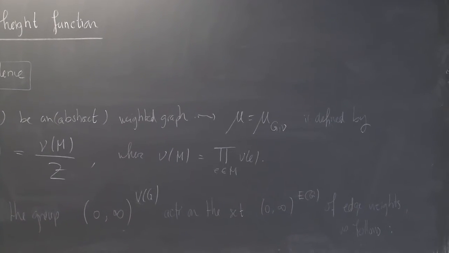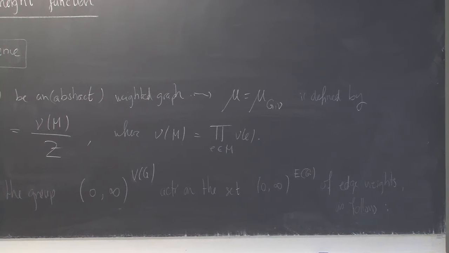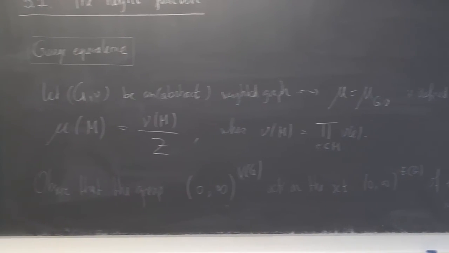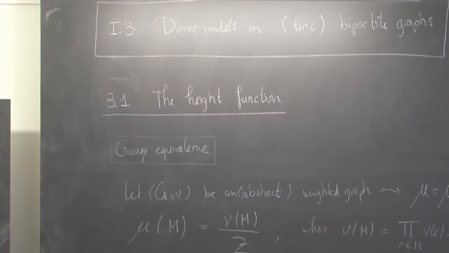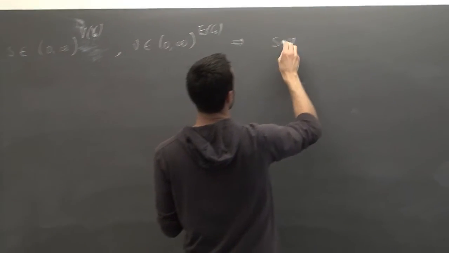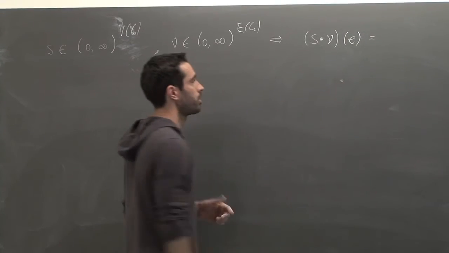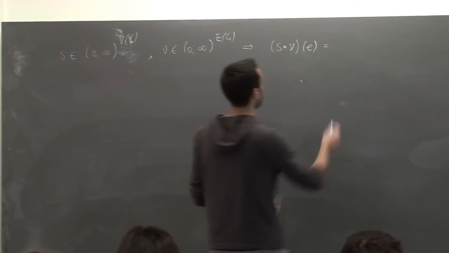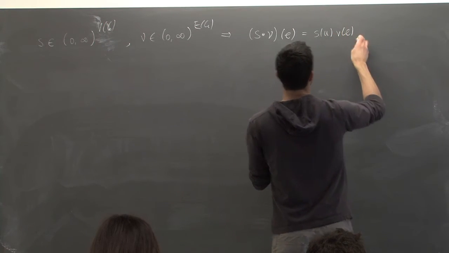So let's say that we have S, which is an element of this group, and we have nu, an edge weight. Then you define S acting on nu of E. So you have to say what its value is on E. So you just multiply the value.